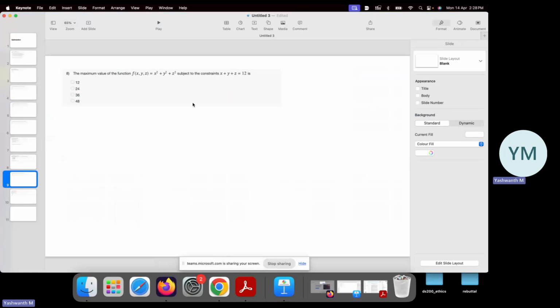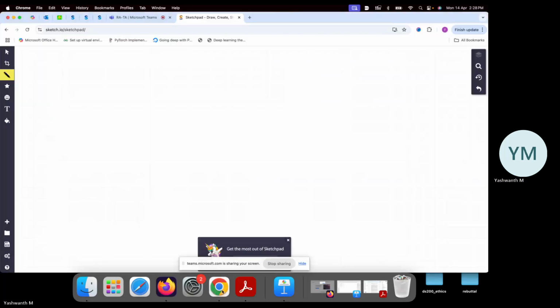The question is to minimize x squared plus y squared plus z squared subject to the constraint xy plus yz plus zx is x plus y plus z.